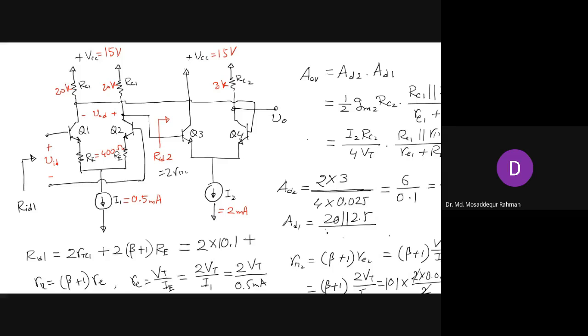So if you convert into kilo, it will be 0.5K. So if you do the calculation, how much is it?